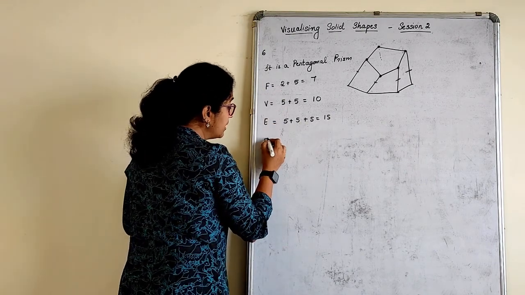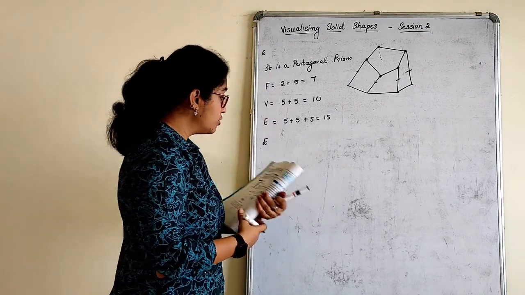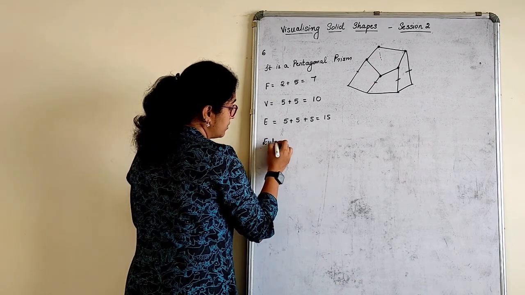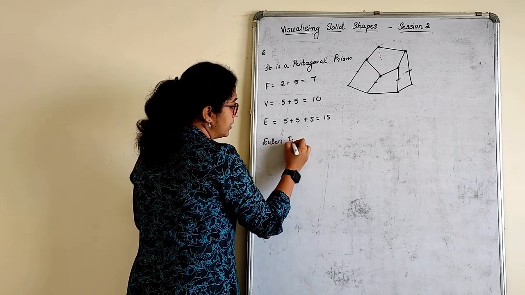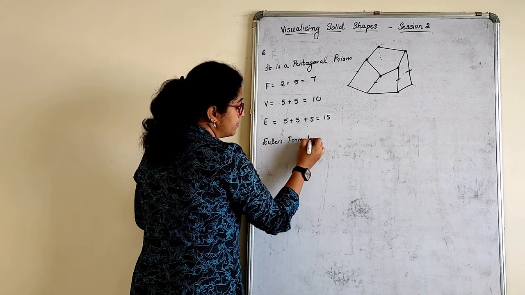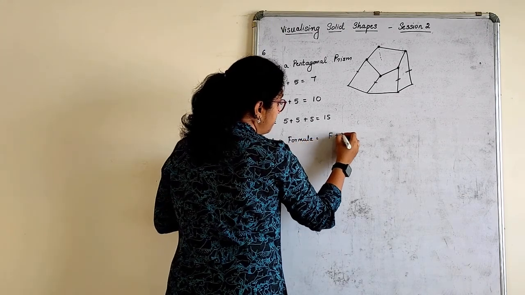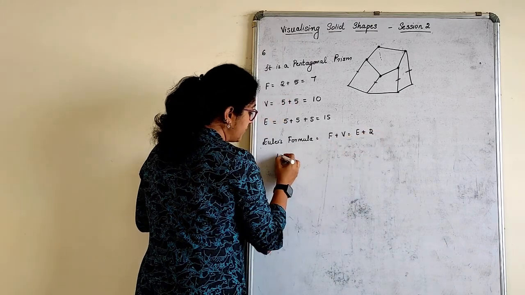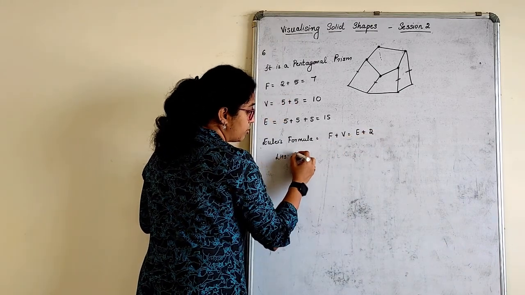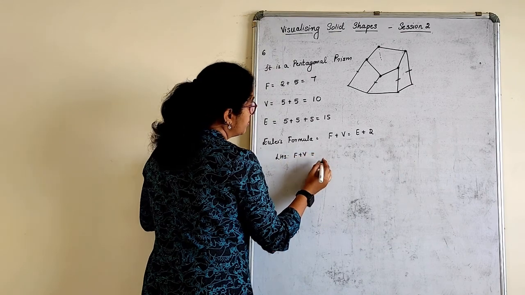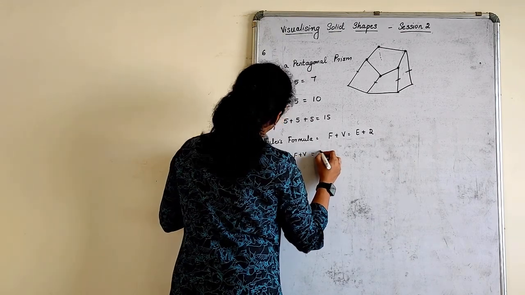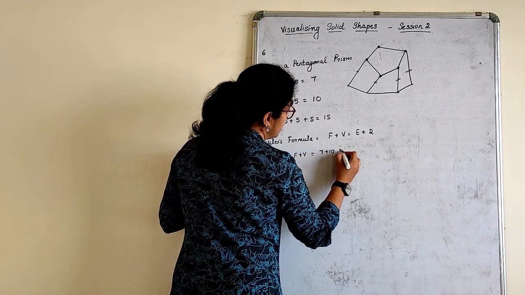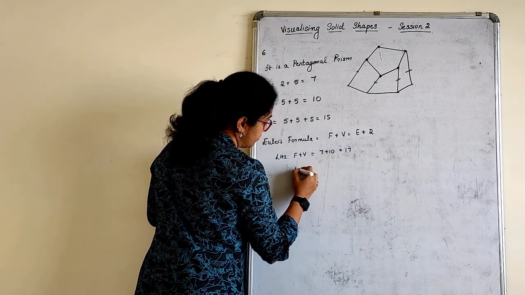Euler's formula. Verify, they have given, right? So Euler's formula, first we will write the formula, that is F plus V is equal to E plus 2. We'll first find the LHS part, whether it is satisfying or not. F plus V is what? 7 plus 10 is equal to 17.